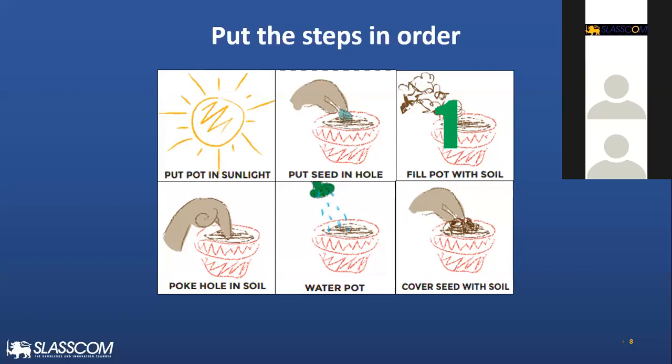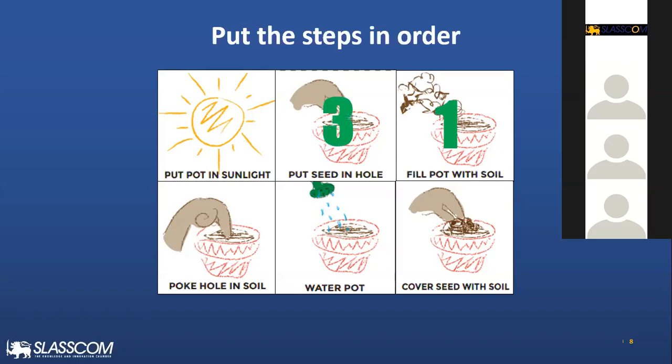Poke hole. Put the seed in the hole. Close. Let's see the next one. I'm sorry, the next one is poke hole in soil. I just mixed up with this. But anyway, fill soil is the first one.